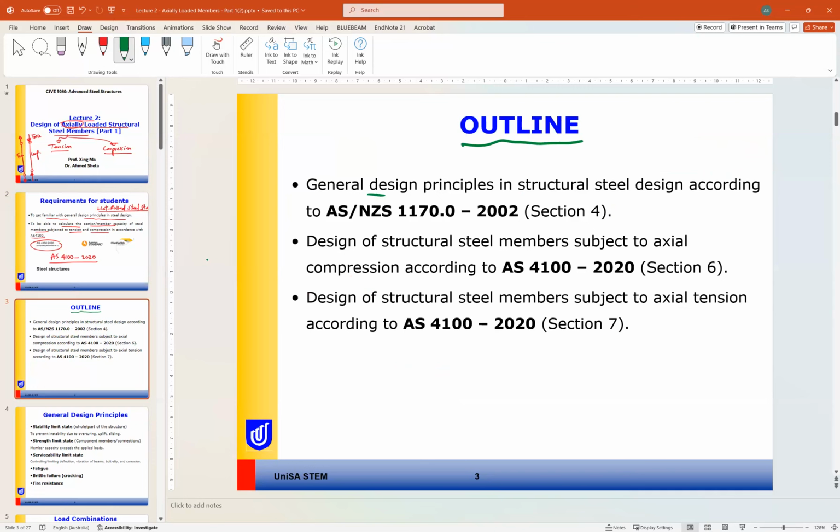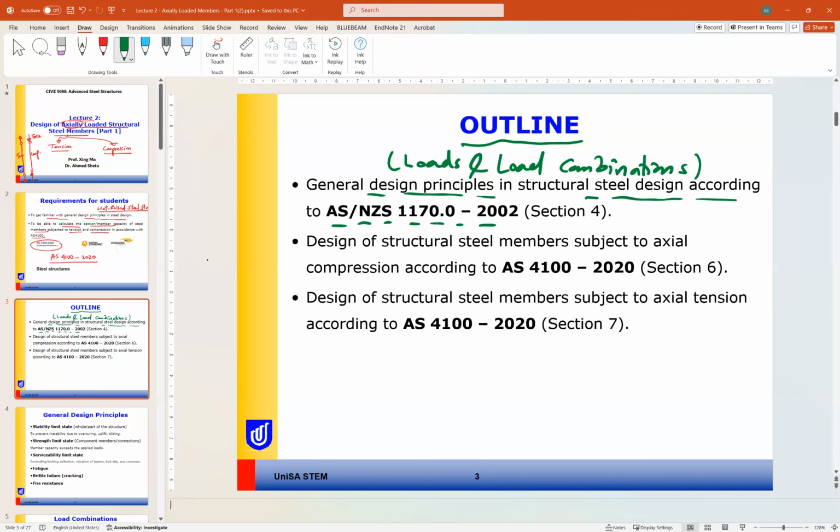The first part, the general design principle in structural steel design, including the loads and load combination according to standard AS 1170.0, section 4, this for load combination, and the design of structural steel member subject to axial compression according to section 6 of AS 4100, and design of structural steel member subject to axial tension will be according to section 7 of the Australian standard for steel AS 4100.